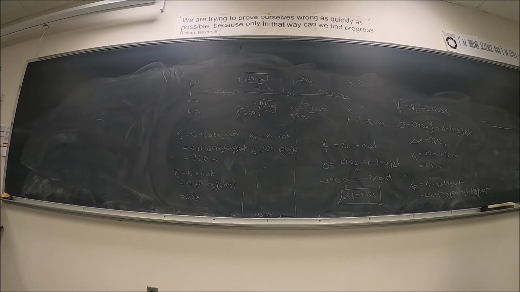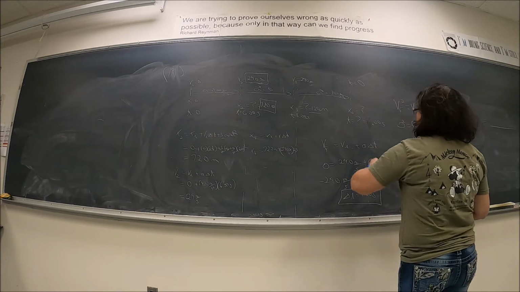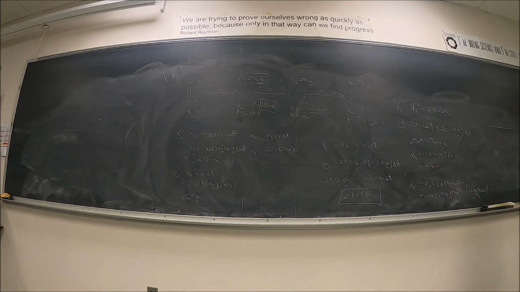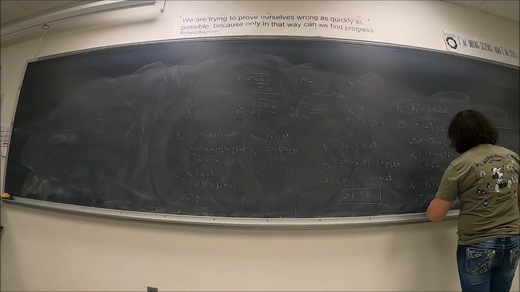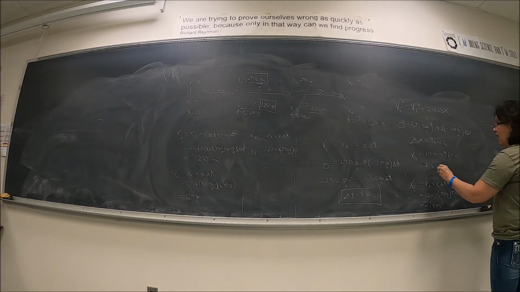So 8 squared times 3 divided by 2, I make that negative, plus 24 times 8. Hold on, delta t was still 8 seconds. So 8 seconds plus 120, I get the same thing, 216 meters. Okay, so 2 different ways that I found it.